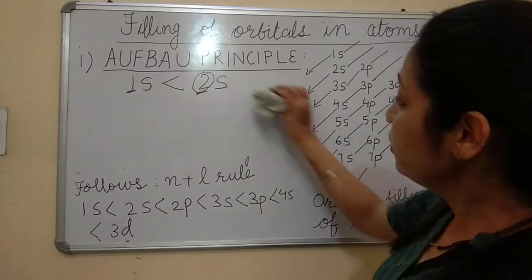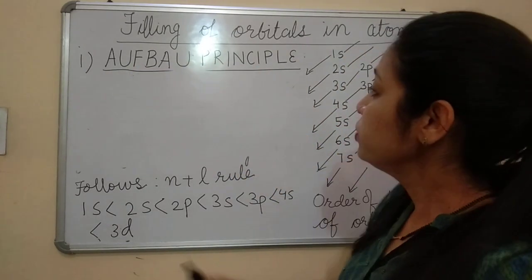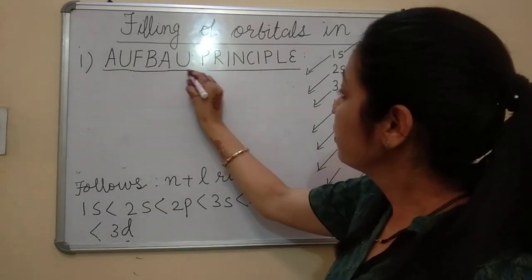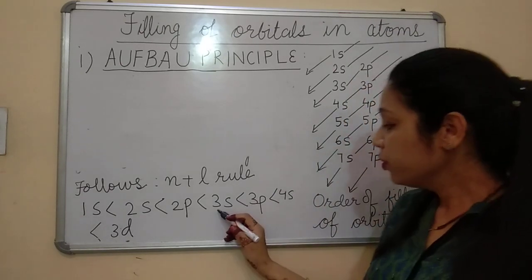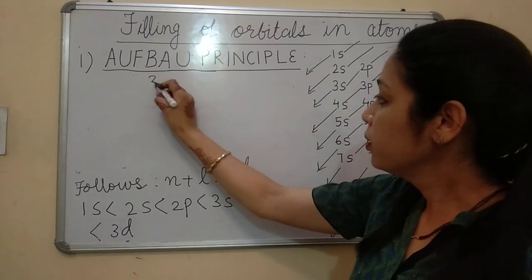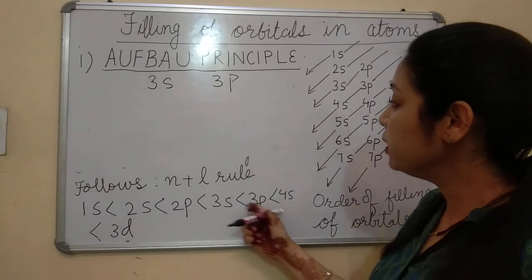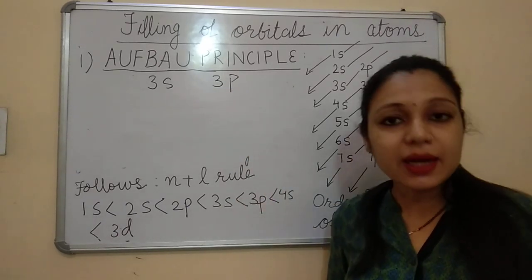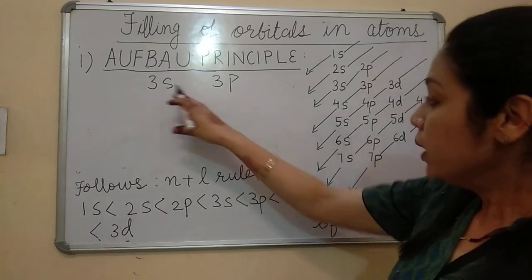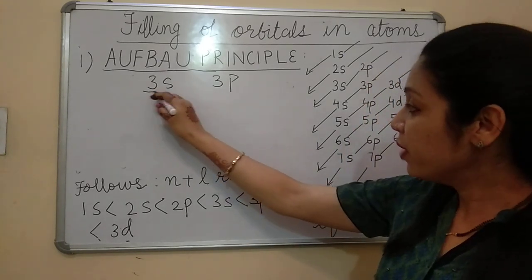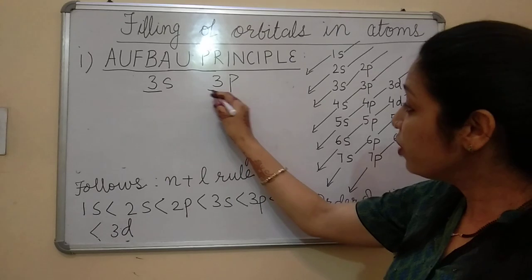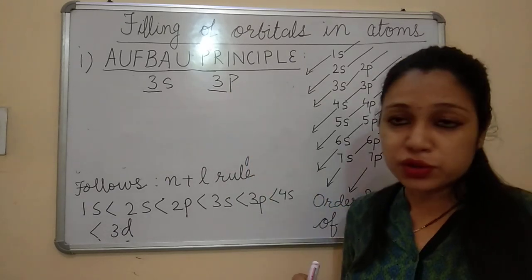Now, children, you see this example again. Here it's given 3s and 3p. I'm comparing these two orbitals, that is 3s and 3p. Now in 3s we have n equal to 3, and in 3p also we have n equal to 3.